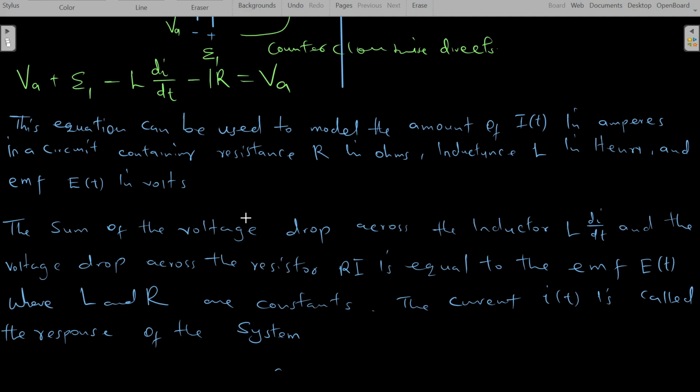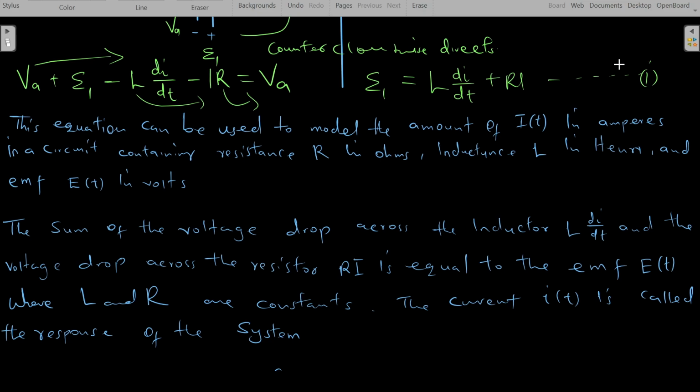So we are saying if we transpose this V to this side, we will get E1 should equal, again transpose this, then transpose this again, should equal L delta I upon delta T added to Ri, then this VA cancels this VA, so we have this equation.